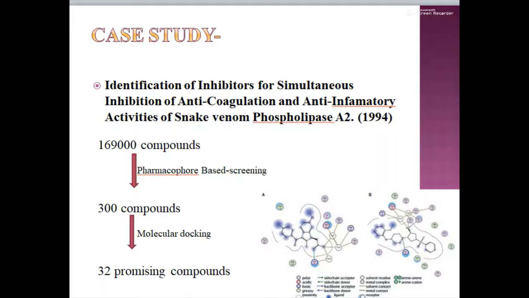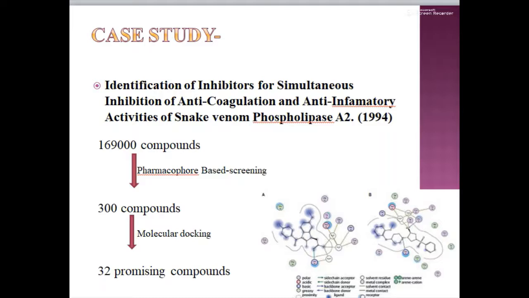So 1,69,000 compounds were searched, and after that you get 300 compounds, and these 300 compounds were molecularly docked using phospholipase A2, and among that 32 promising compounds were found.